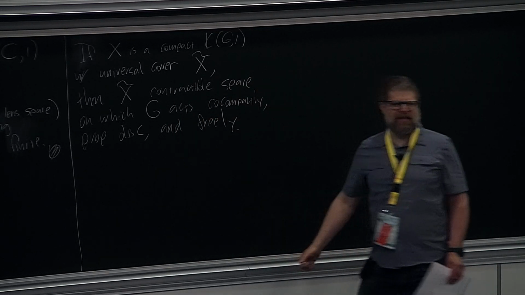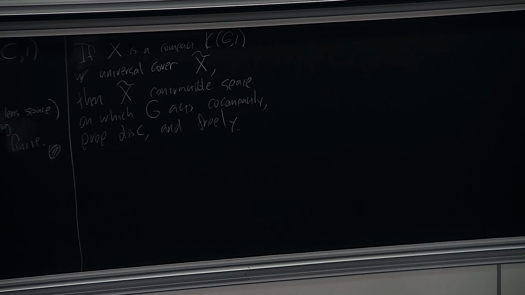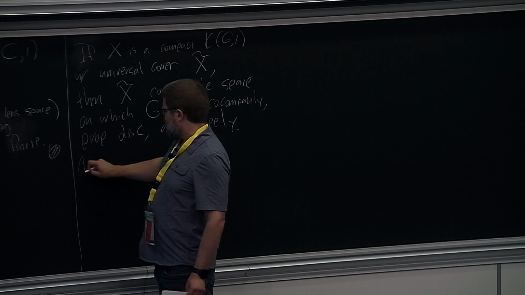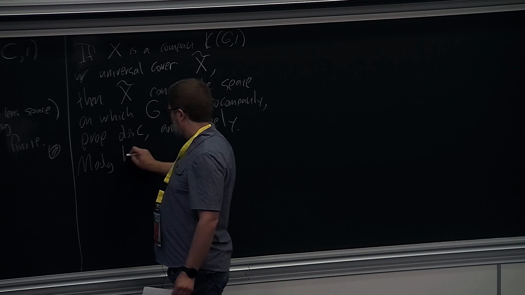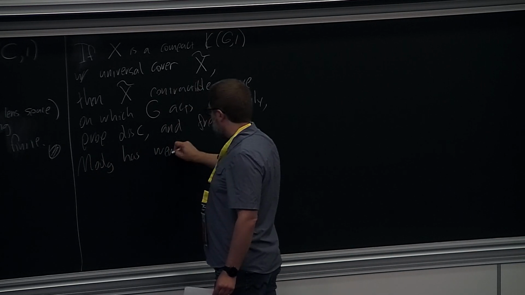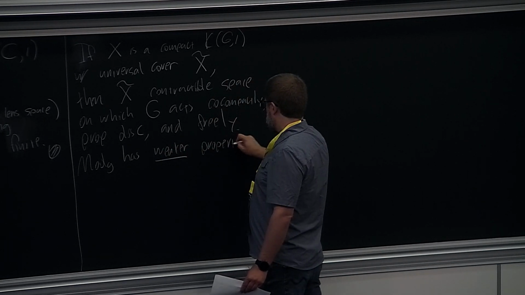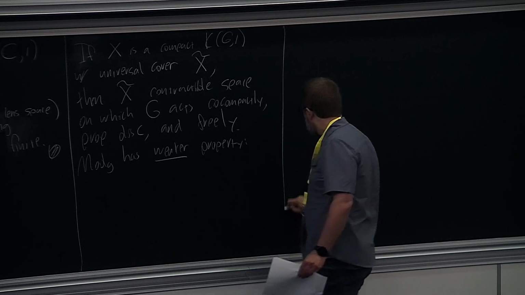That's how you construct it; that's how covering space theory works. So the mapping class group mod G has a weaker property, which is almost as good.